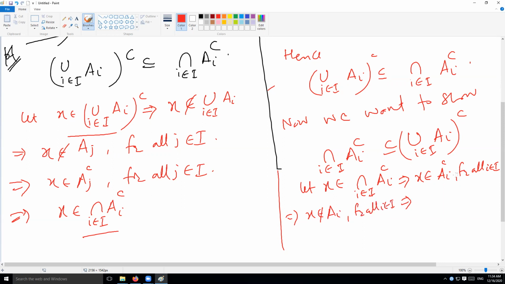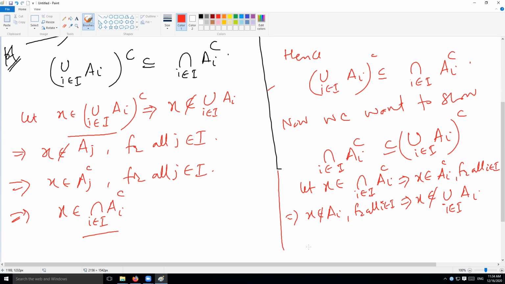And what does this mean? If X is not in AI for all I in I, then I can say that X does not belong to the union of I belongs to I AI. You're just going in reverse. Look, if X is not in AI, then it's not going to be in the union for sure.